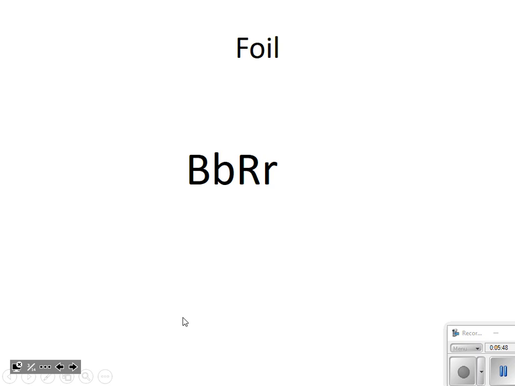Now, as we're looking up here, before we start foil, I'm going to show you something. Let's look specifically at these two right here. And I draw this little arrow down here. On these two right here, how many different letters are there? 2, right? I have a big B and I have a little b. So I have 2 different ones.